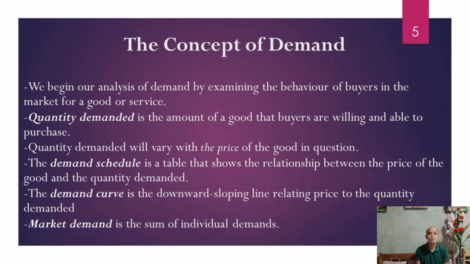The demand schedule refers to the table that shows the relationship between the price of the good and the quantity demanded. The demand curve refers to the downward sloping line relating the price to the quantity demanded. And lastly, the market demand refers to the sum of the individual demands.